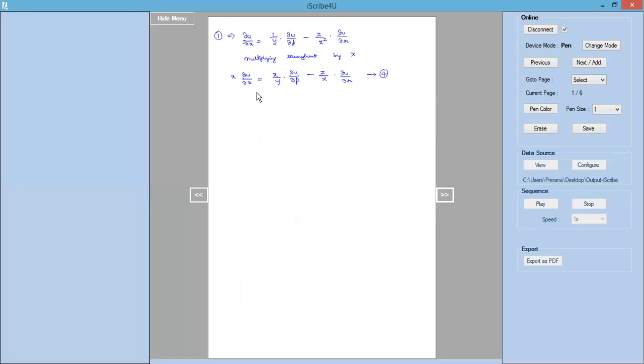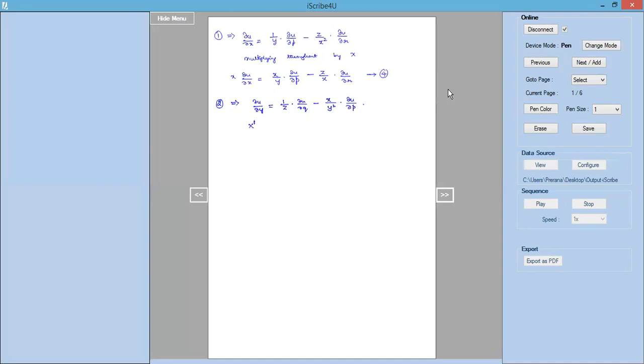That symmetric concept helps us write down the expression for equation 5 directly. So equation 2 implies ∂u/∂y is equal to (1/z) ∂u/∂q minus x/y² ∂u/∂p.